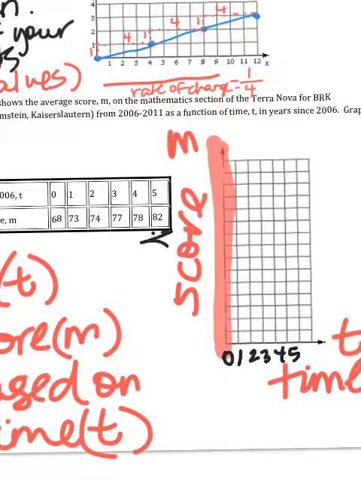So since we need to go as high as 82, I'm just going to, let's see, 10, 20, 30, 40. I don't think we have enough for that. So every 2 we'll call 10. So every line would be worth 5. Okay. 60, 70. And we're just going to estimate.